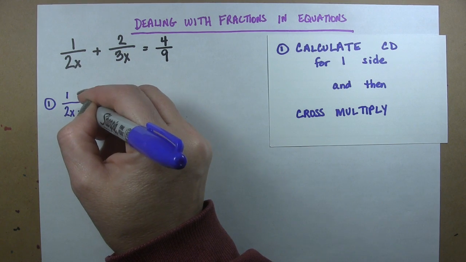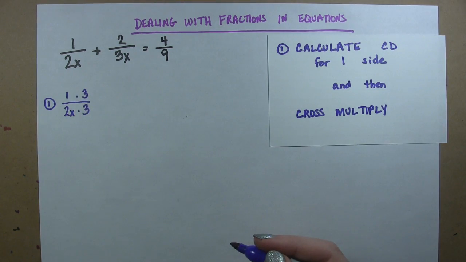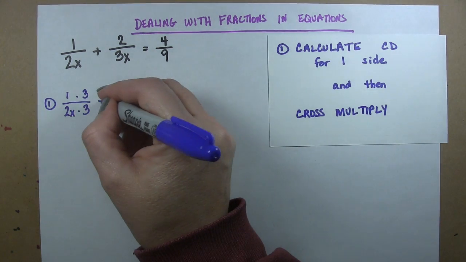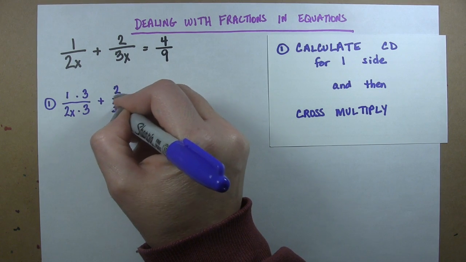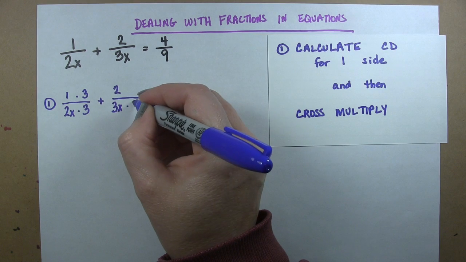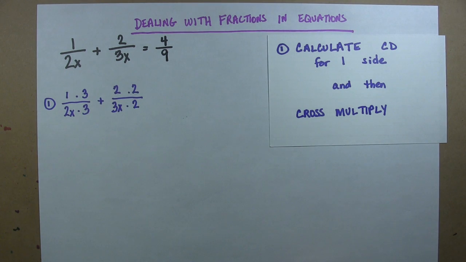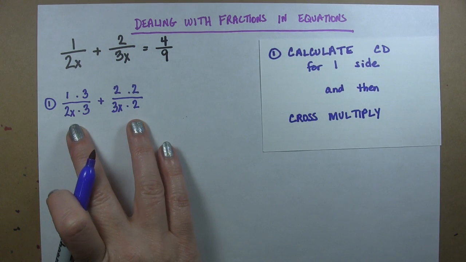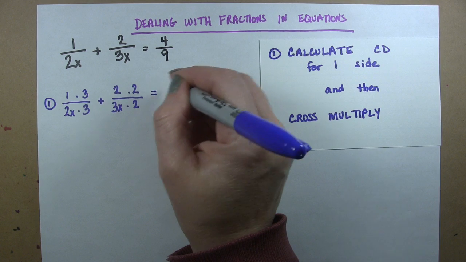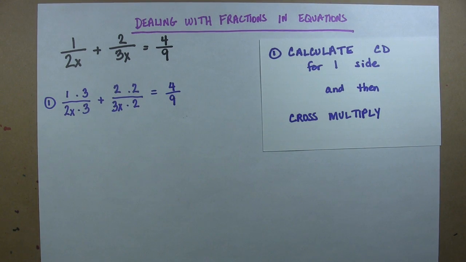In order to get to 6x, I have to multiply by 3, so I'll multiply the numerator and the denominator by 3. And then on this side, right now I have 2 over 3x. To get to 6x, I have to multiply the numerator and the denominator by 2. With this technique, I only have to worry about common denominators on one side of the equation. So over here, I'm just going to keep everything at 4/9, no trouble.